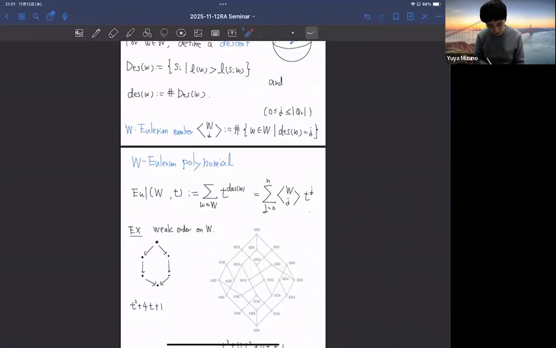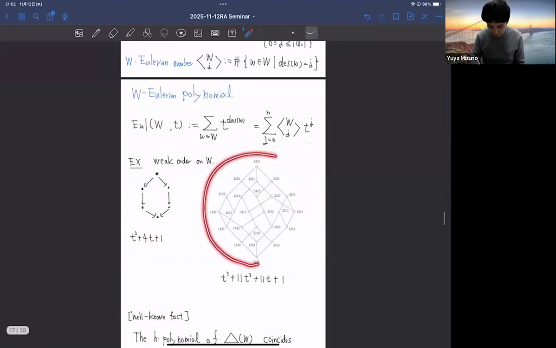And in this case, zero outgoing arrows. And this number corresponds to this coefficient. Namely, in this case, we have only one vertex whose number of outgoing arrows is 2, so this is a 1. And in this case, these 4 elements have 1 outgoing arrow. So namely, we have a 4. And in this case, 1. So similarly, using this Hasse quiver, we get this polynomial.